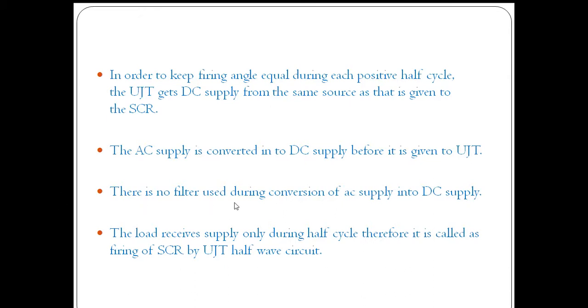There is no filter used during this conversion of AC supply into DC supply. The load receives supply only during positive half cycles. Therefore, it is called SCR triggering by UJT half wave circuit.